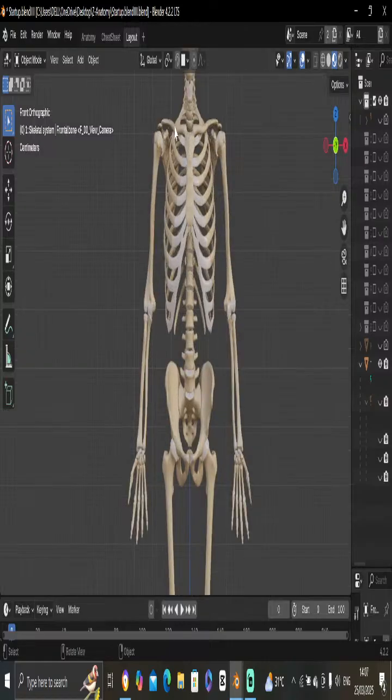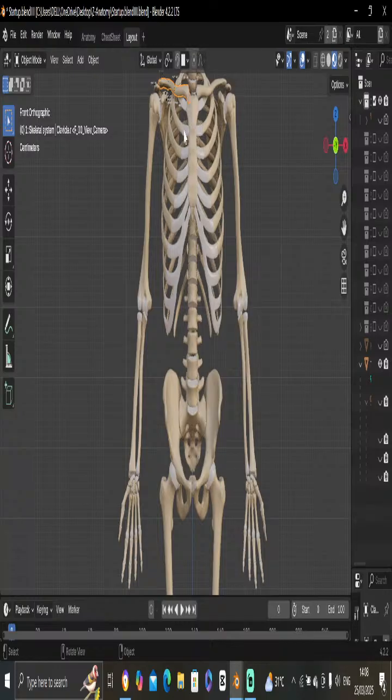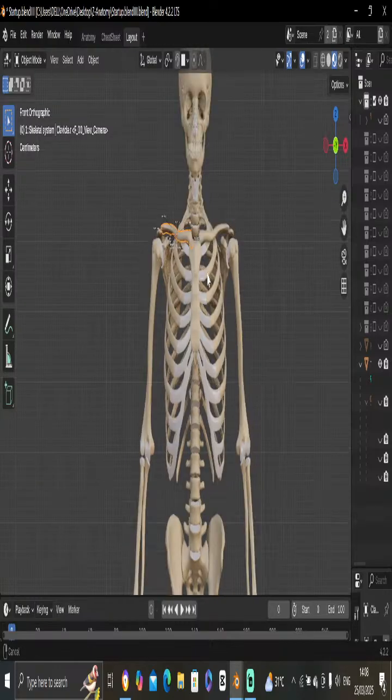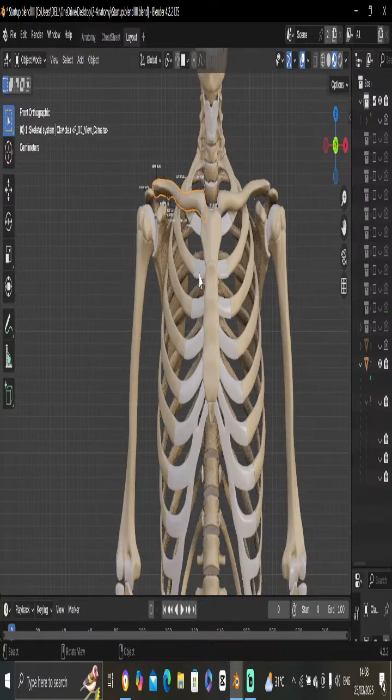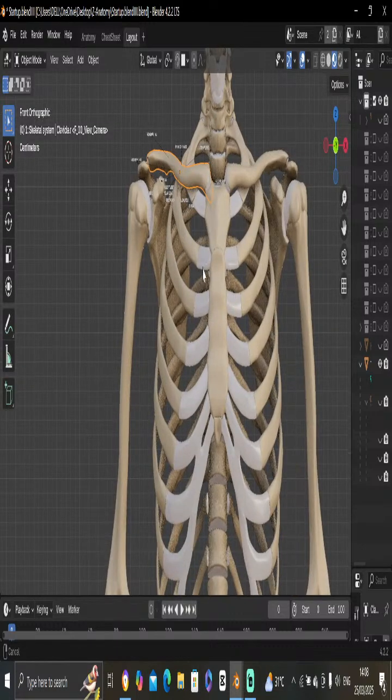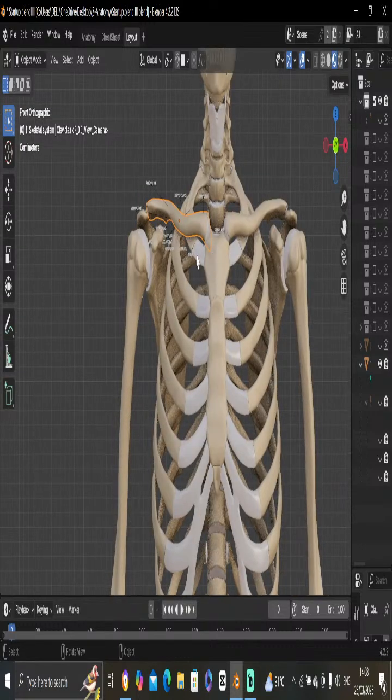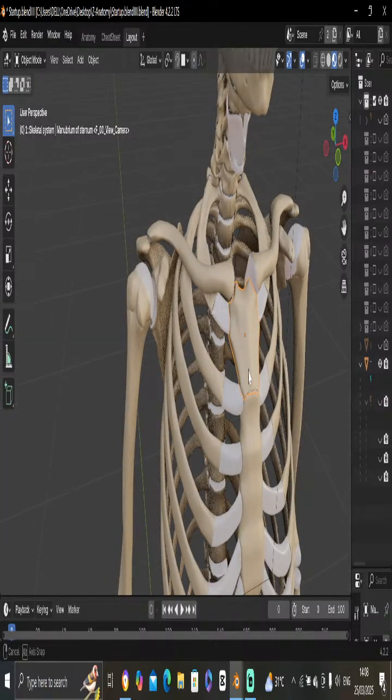Now the clavicle connects the upper limb to the axial skeleton, and it does that at a joint known as the sternoclavicular joint. This highlighted area of the sternum is known as the manubrium of the sternum.